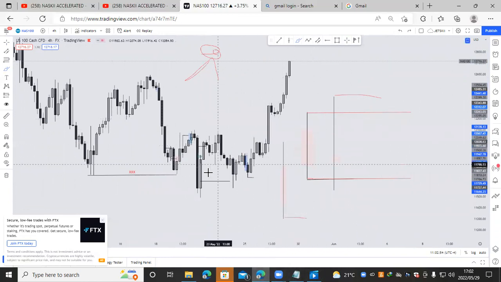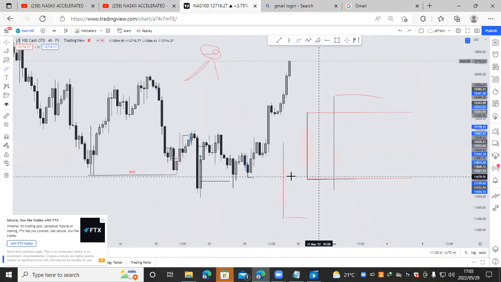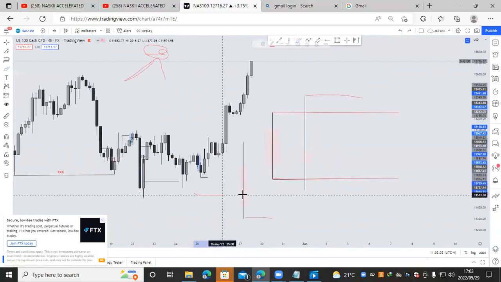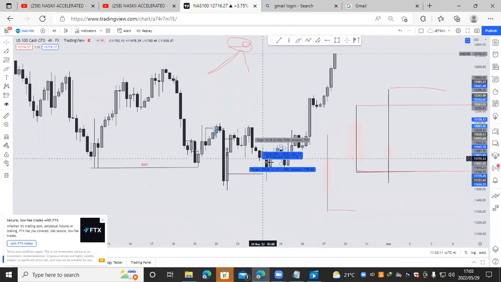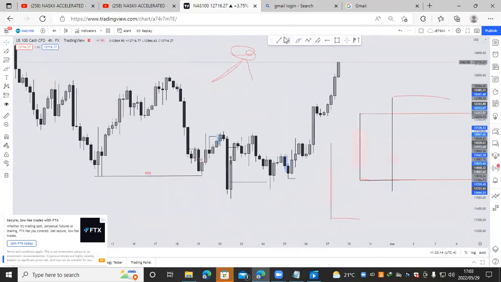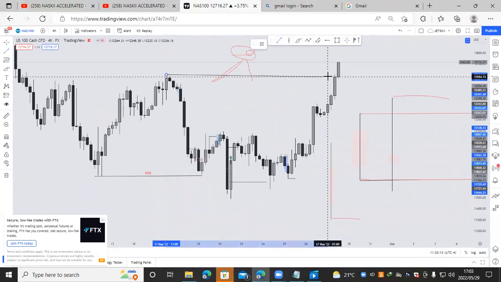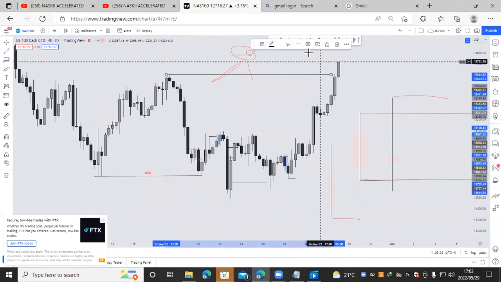Now we are here, and there's a bullish market. I won't be going into details why it was a bullish market, but there's a way in which we could see this market is going higher, and not just higher, but higher above those buy stops there.